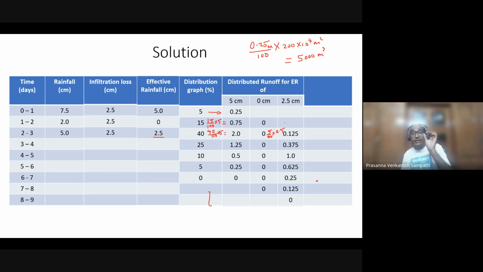So if 5,000 meter cube of runoff is produced on the first day, what is the average rate at which this runoff must have been produced? Just divide this by the number of seconds in the day. How many seconds in the day? 86,400, which is 24 into 3,600 seconds. 24 hours into 3,600 seconds per day. So can anybody quickly do this? 5,000 divided by 86,400.